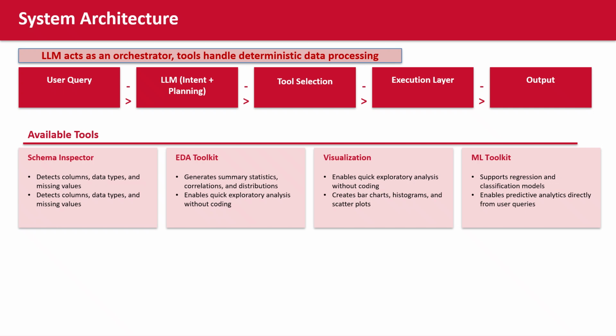Then we have a visualization tool, where we have given this agent access to 3 kinds of visualizations: I think bar charts, histograms, and scatter plots. If you want more, we need to code more and give the agent access to different kinds of charts. Then there's the ML toolkit.